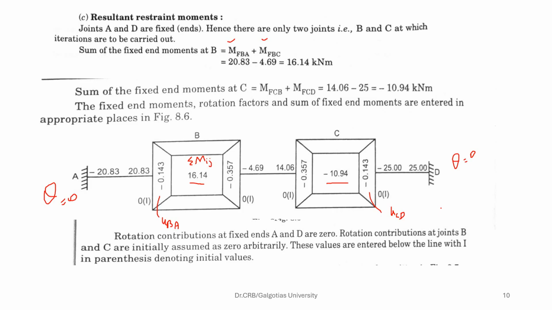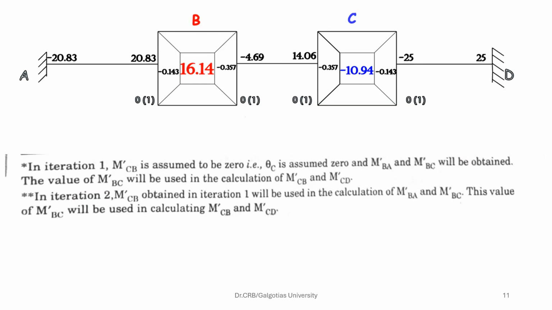Then now we will proceed to how to do the iteration. So this is the pictorial representation of all the fixed moments. Here you can see that this is the fixed moment MAB, that is MFAB. Okay. For example, I'm telling you this is MFAB and this is MFBA, this is MFBC, this is MFCB, this is MFCD, this is MFDC.